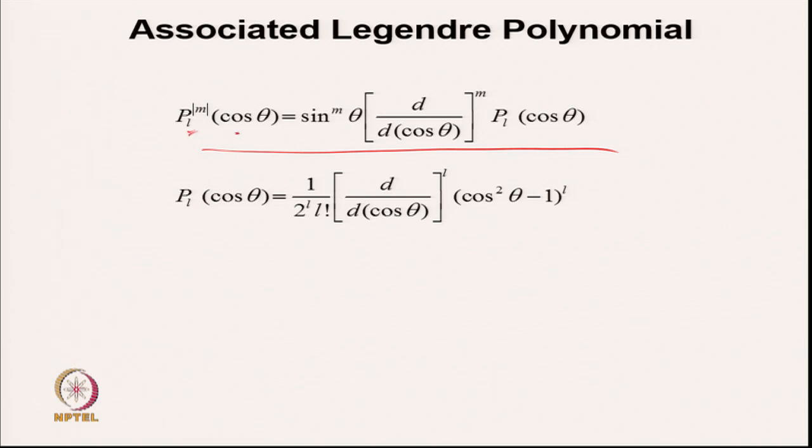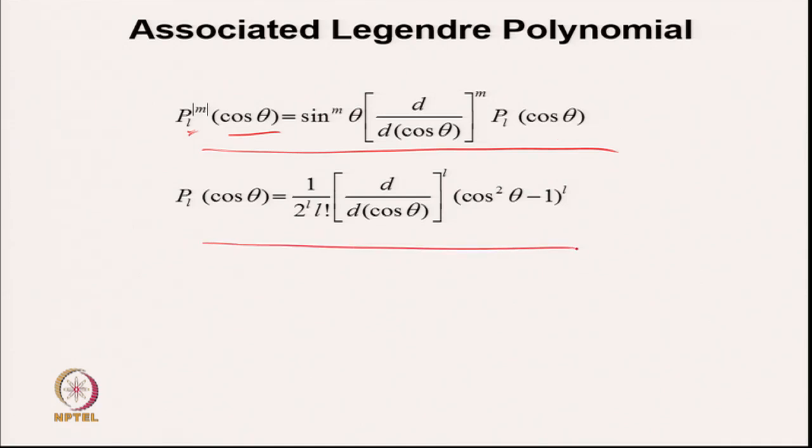So, P_j^m is a function of cos theta, which we are writing as z, and that will be given by sin^m theta times the m-th derivative with respect to cos theta of P_l cos theta, where P_l cos theta is given by this.